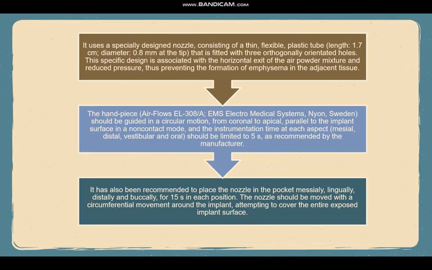The handpiece airflow, EL3088 electromedical system, Neon Sweden, should be guided in a circular motion from coronal to apical, parallel to the implant surface in non-contact mode, and the instrumentation time at each aspect, mesial, distal, vestibular, and oral, should be limited to 5 seconds as recommended by the manufacturer.